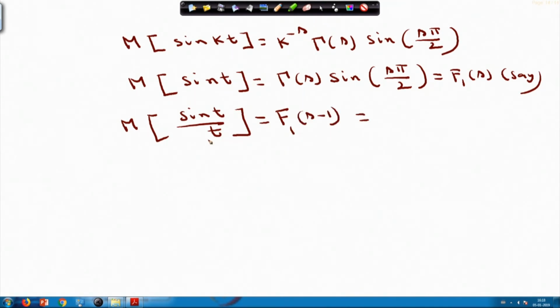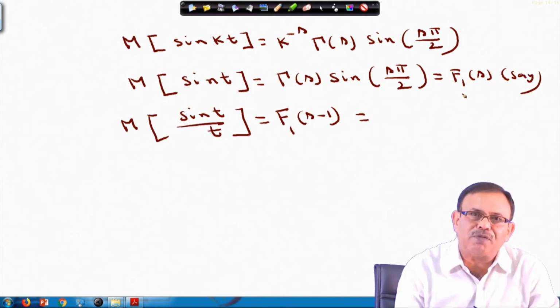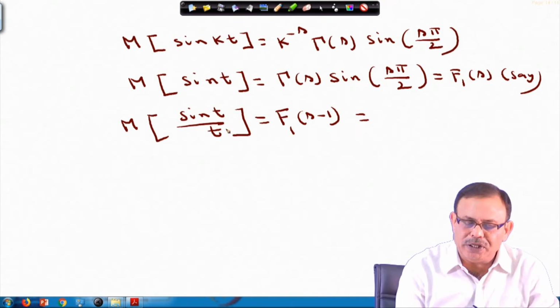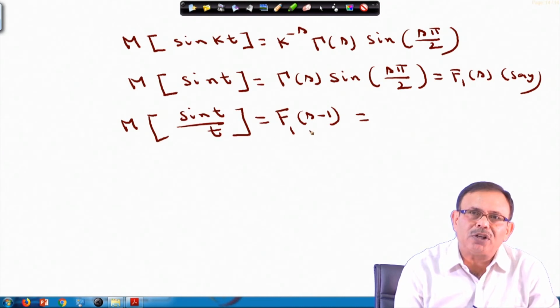Mellin transform of sin t, if Mellin transform of sin t is f1(s), then Mellin transform of sin t by t will be f1(s minus 1), and already I know what f1(s) is.